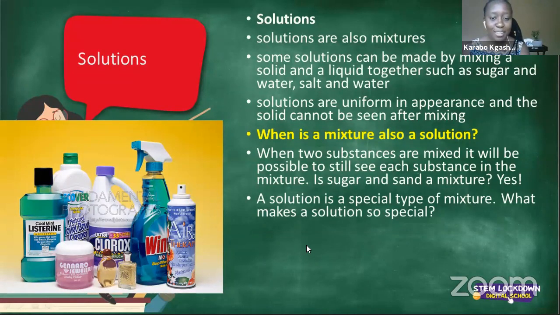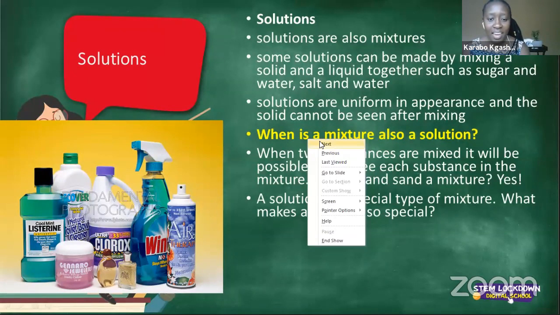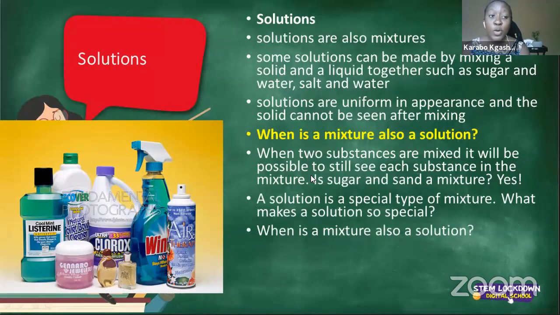Right, let's find out. Okay. Now, when is a mixture also a solution? So now the reason why a solution is so special, someone said the type of mixture, Charmaine said it is a liquid. All right, and Wenzile said that you can't see the particles in it. That is 100% correct.